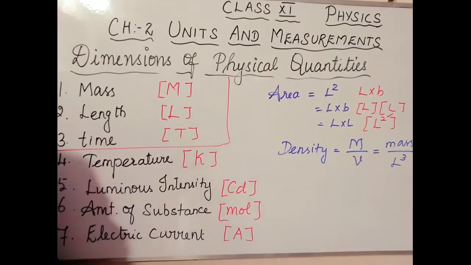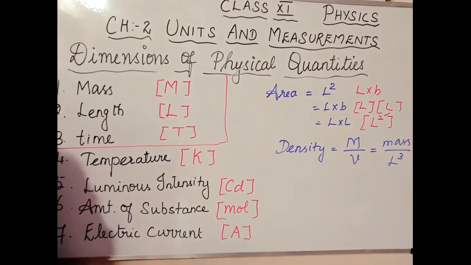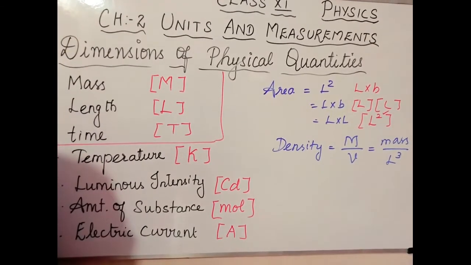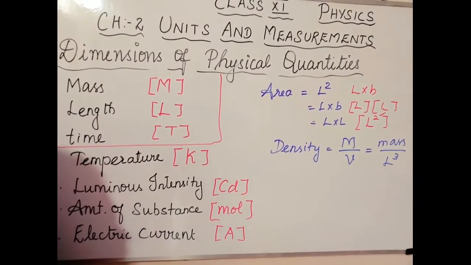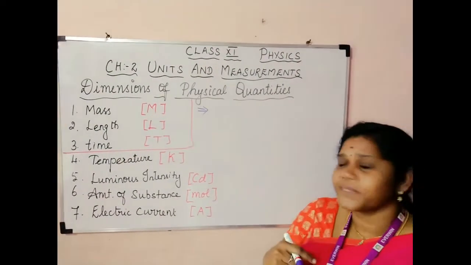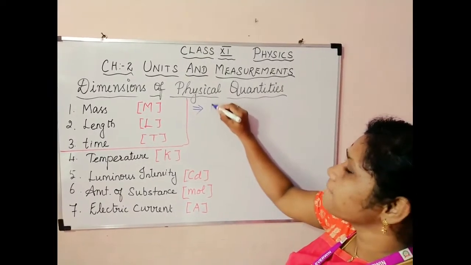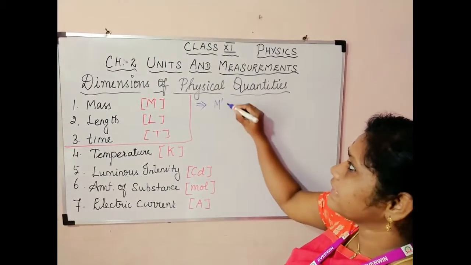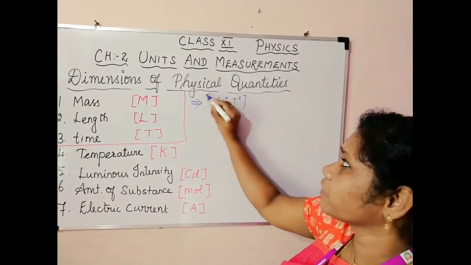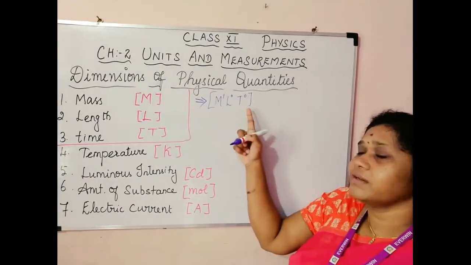We are going to find out dimensional formulas for 20 physical quantities so that it will be more clear for you. The mass dimensional formula can also be written as M power 1, L power 0, T power 0, because of the absence of length and time.